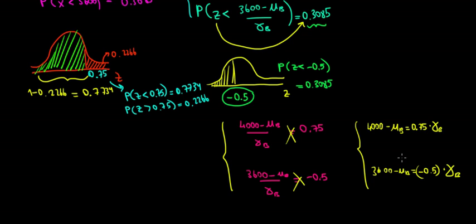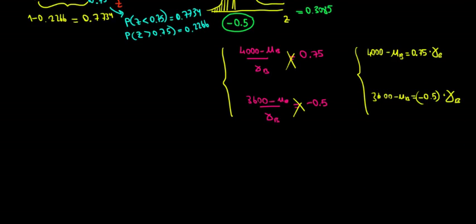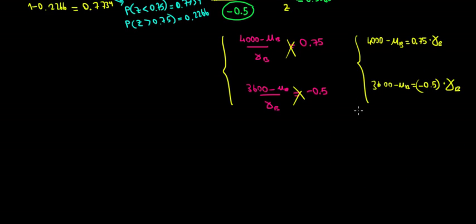Now, what can we do here? We can add the following equations. Actually, we can subtract the following equations. I'm sorry. We want to get rid of one term. We want to get rid of the mean and then find out the standard deviation first. So if we subtract these two equations, what do we get?